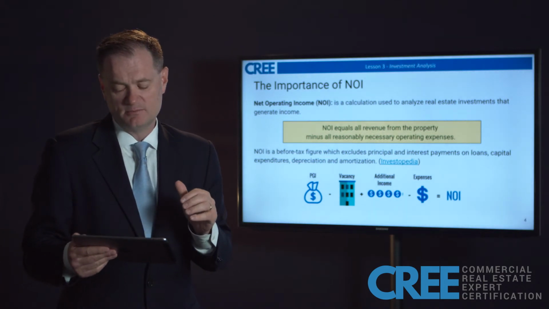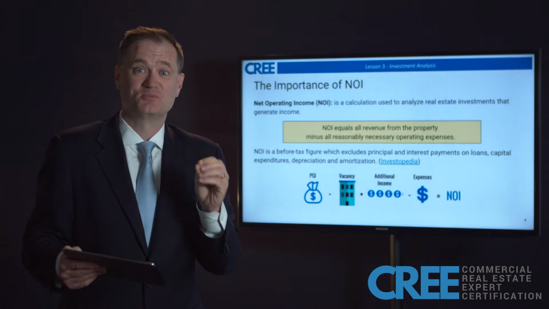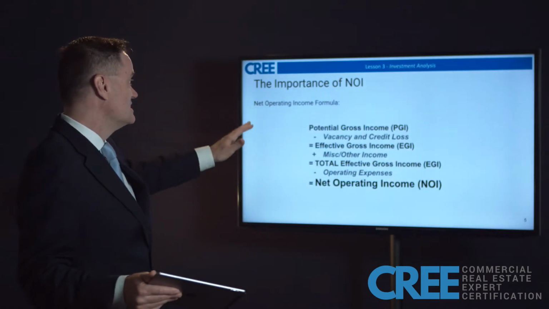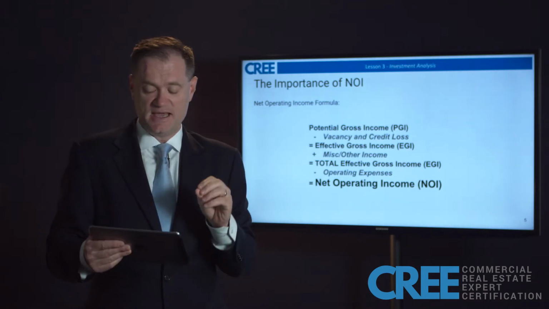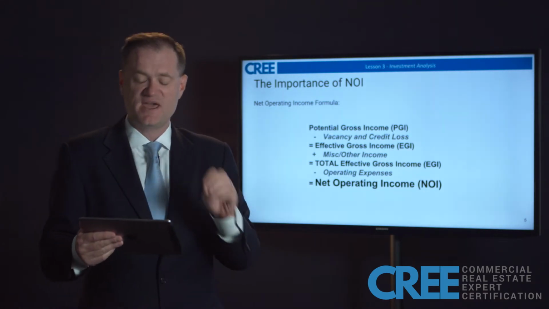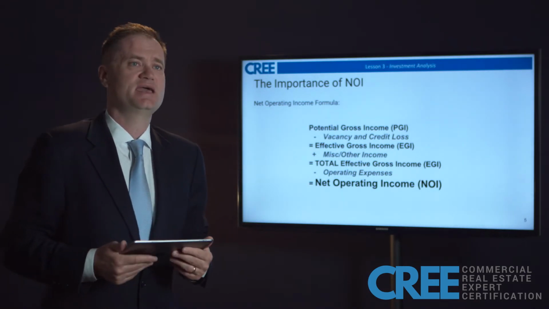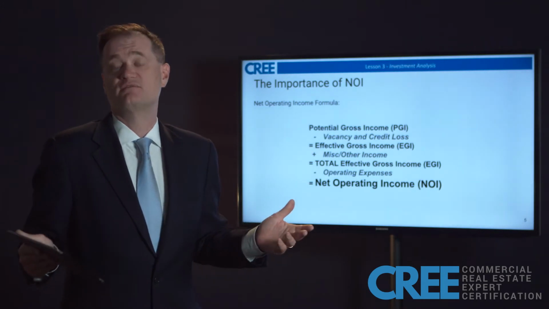You're going to live and die by this formula as a commercial broker, as an investor. So again, this is the formula: potential gross income, PGI, I want to drive this home, minus vacancy and credit loss. A lot of times we'll say in the market that there's no vacancy or there's very, very low vacancy.